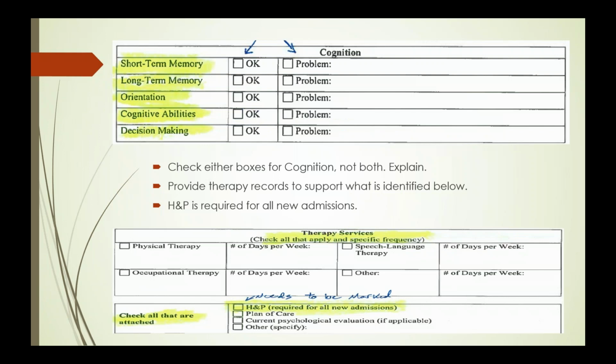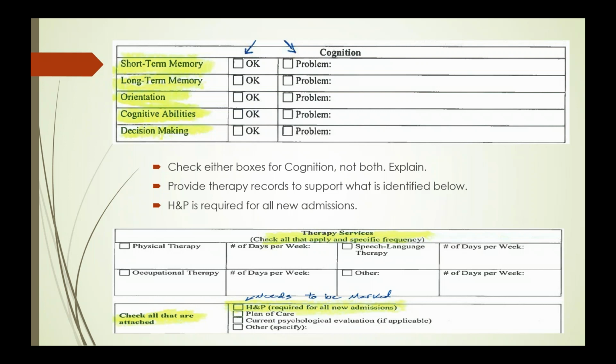Okay. So in the cognition section, we ask that you check either the okay or problem boxes. And then if it's a problem, we ask that you explain.